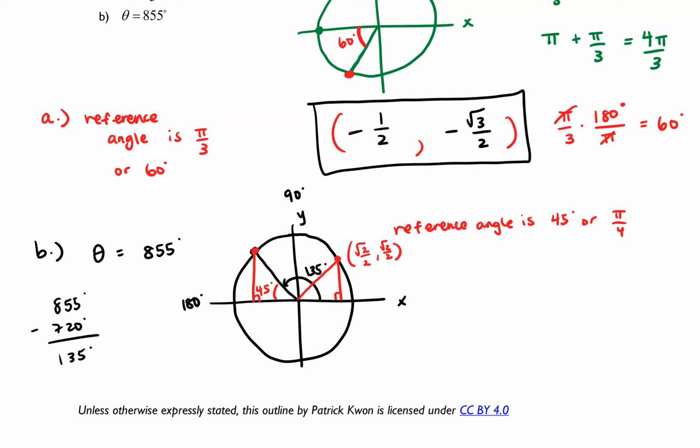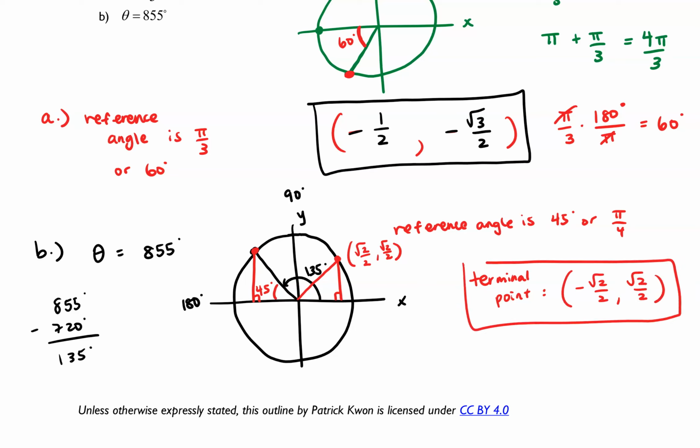And so the terminal point, if we reflect it over the y-axis, is going to have the same y value, but the x value is going to be negative since it's in quadrant 2. And that completes this example.